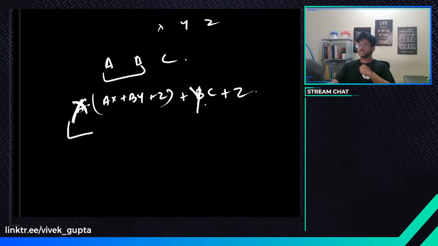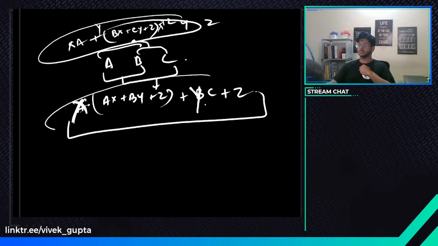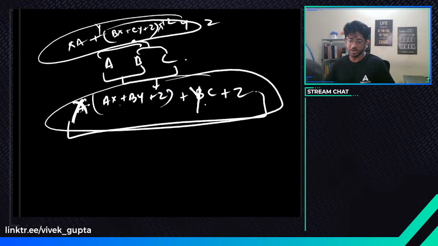So this is the number that you get if you merge this and then you merge this. But if you merge this first, you're going to get something else: bx plus cy plus z. If you merge them with this again, it's going to be xa plus y times this plus z, and you can see that these two expressions are not the same, depending upon the values of x and y.